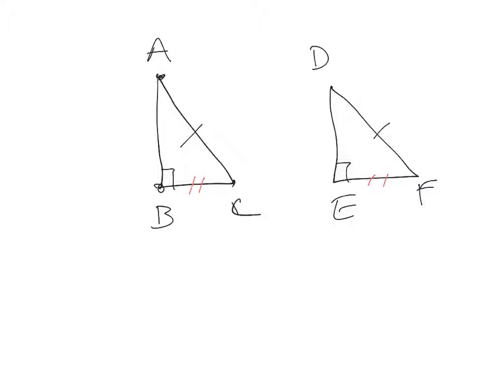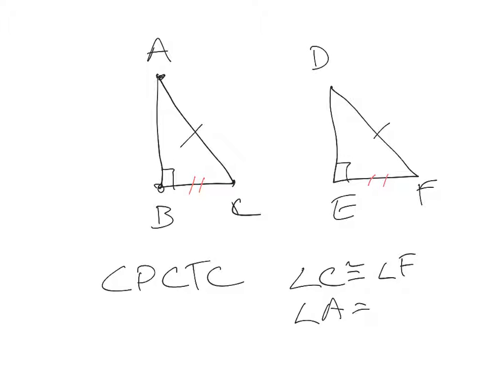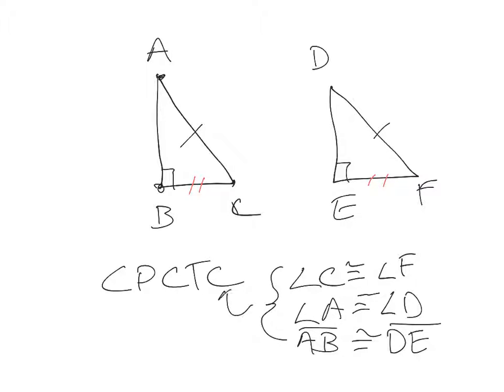So with CPCTC, corresponding parts of congruent triangles are congruent, we can say that angle C is congruent to angle F without having to write anything else. We can say that angle A is congruent to angle D. We can say that AB is congruent to DE. And all of that is true because of this corresponding parts of congruent triangles are congruent.